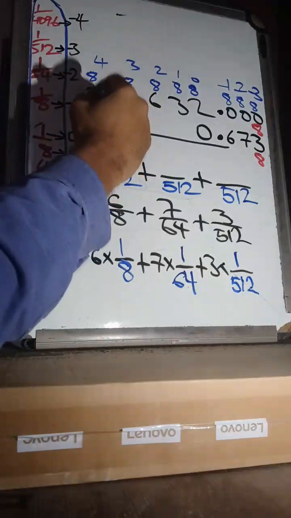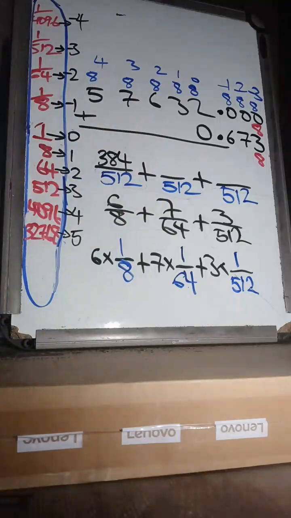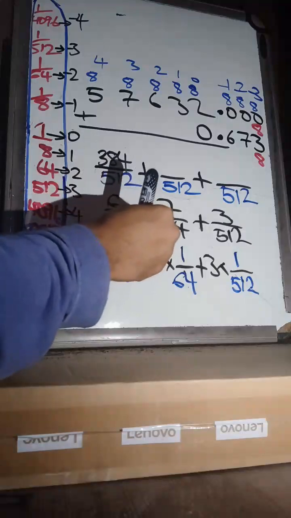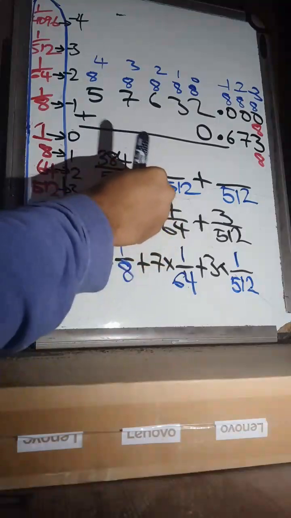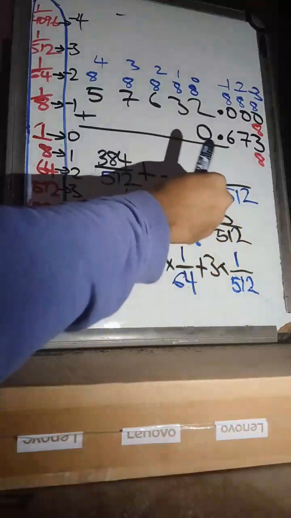So I have that. We have 7 times 8. So okay, this is multiplied by 64, this by 64, this by 8, this by 8.